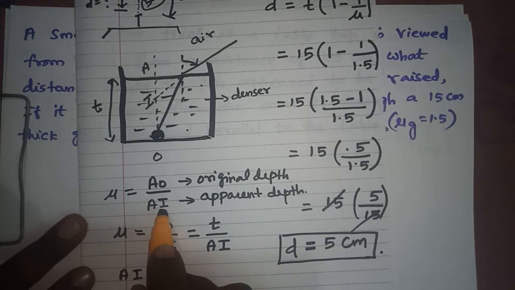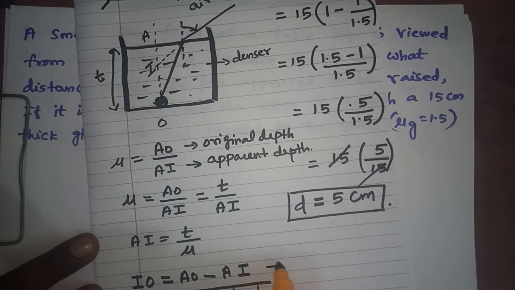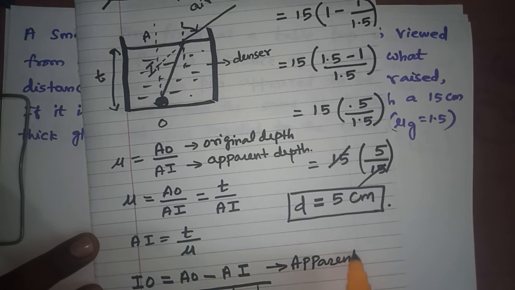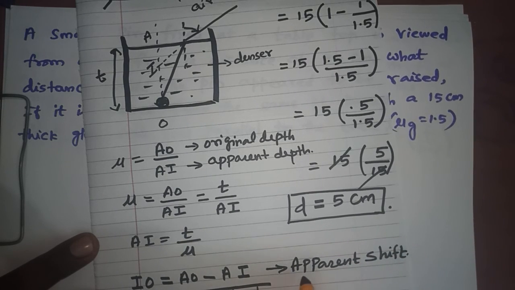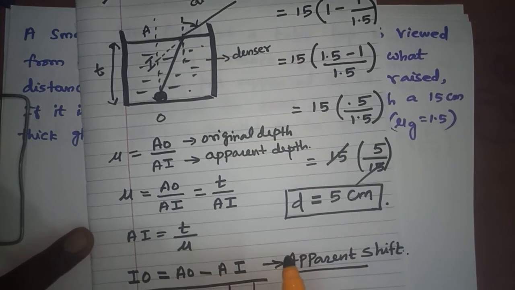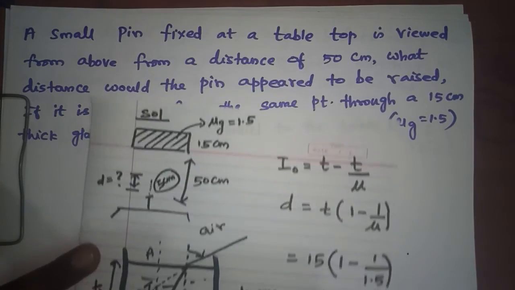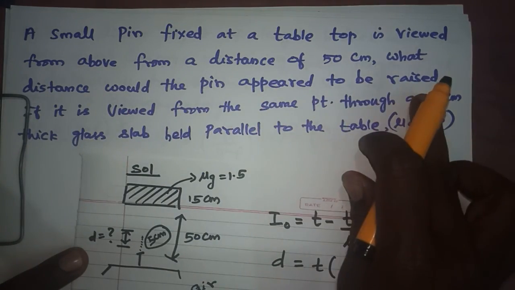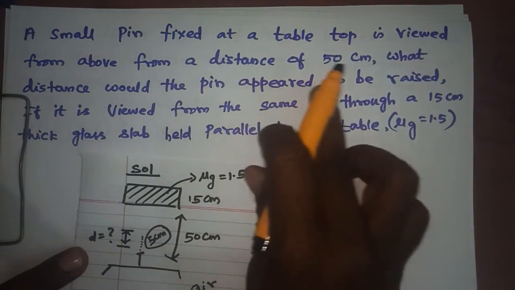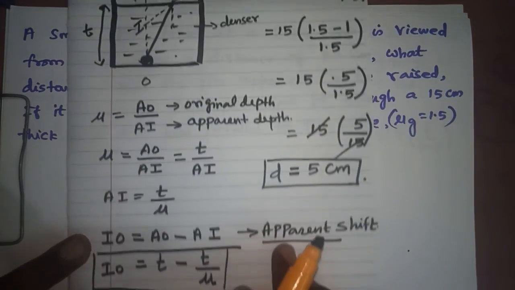You can calculate your apparent depth A equal to A naught by mu, and this is the apparent shift which you are calculating in the sum. Whenever you come across sums like this, try to find out what is asked, what distance the pin appears to be raised, make use of this concept and plug in the values to find the answer. All the best.